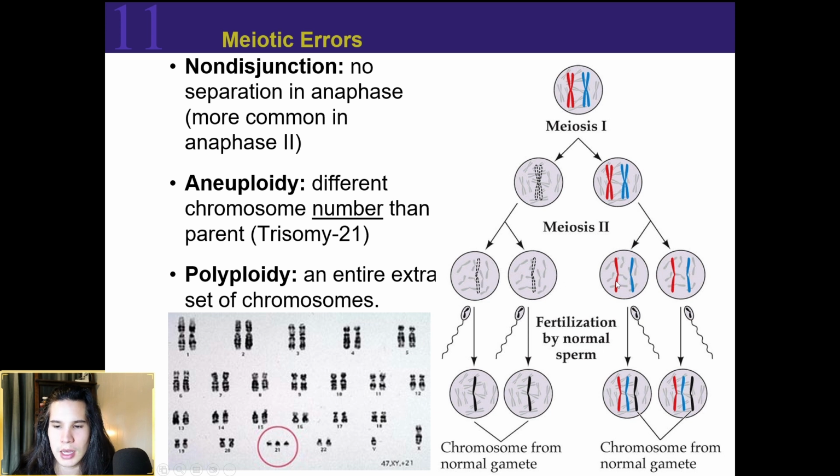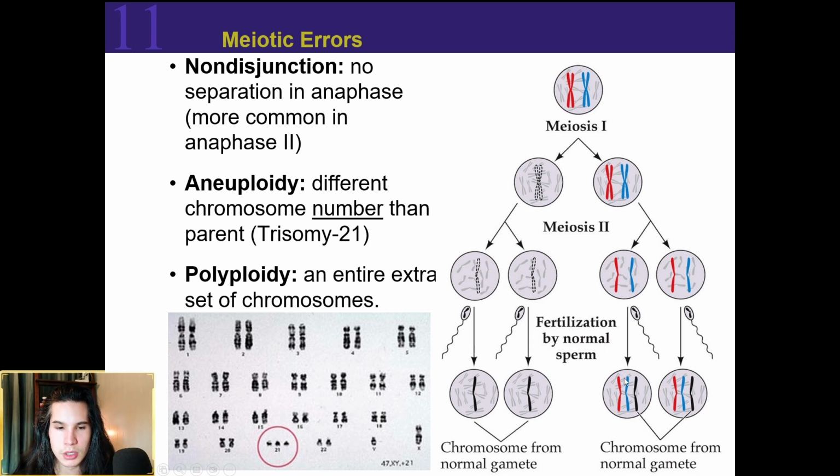Now when you have that egg, for example, and it fuses with a sperm that contains its own chromosome number 21, well, now you've created a zygote with 3 chromosome number 21s. Whereas this cell over here, after the formation of this zygote, only has 1 chromosome number 21.